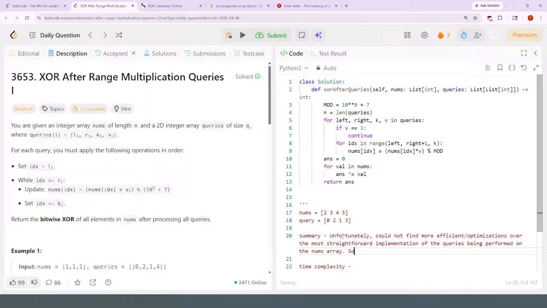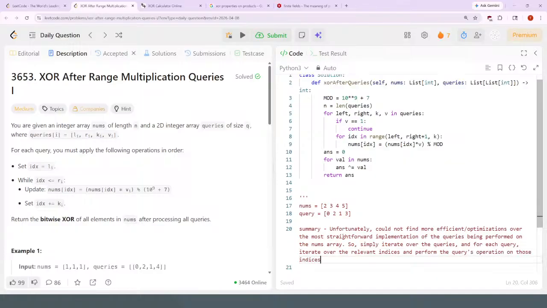So simply iterate over the queries, and for each query iterate over the relevant indices and perform the query's operation on those indices.